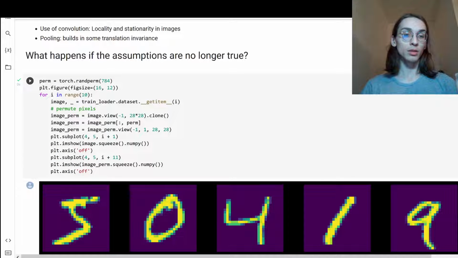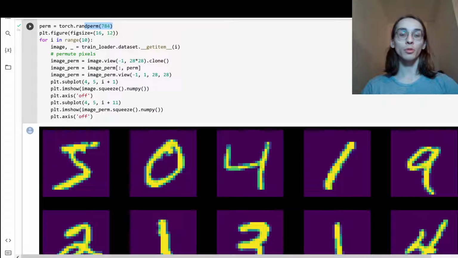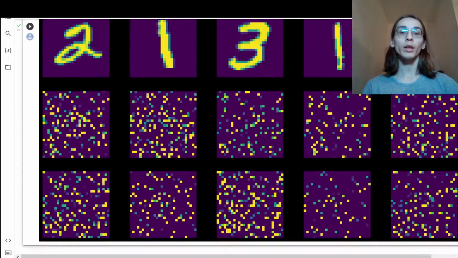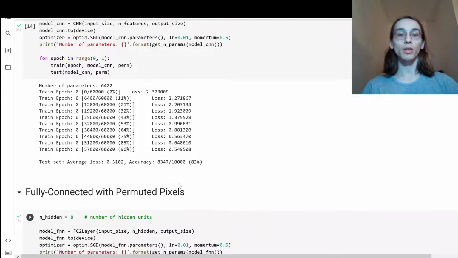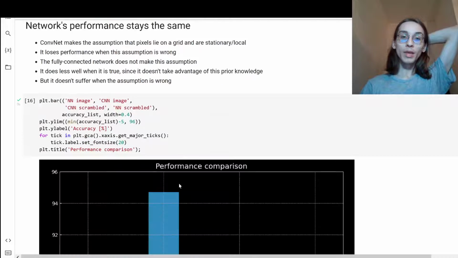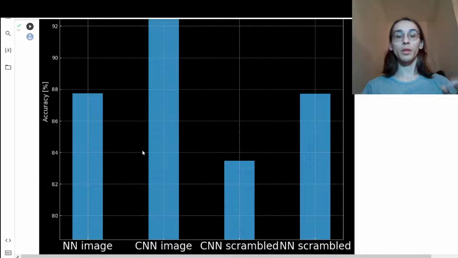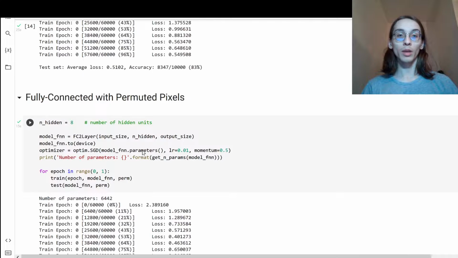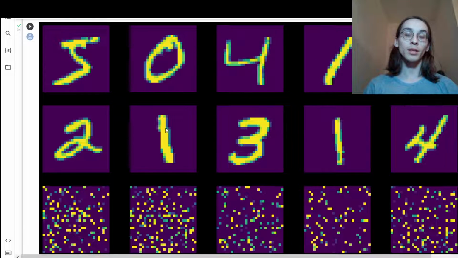Then, see, he applies a deterministic permutation to the data, and we end up with this kind of thing. And he trains the models again on this kind of data. And what we get is that the convnet, which works best with data that has certain properties, like locality, when we get one pixel in this image, we can tell that the next pixel has a high probability of being the same.